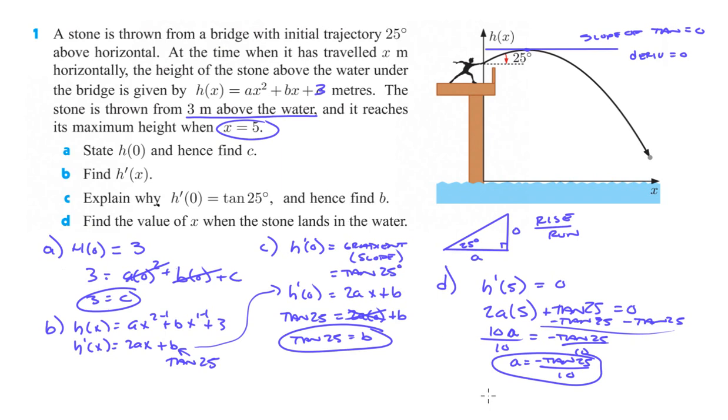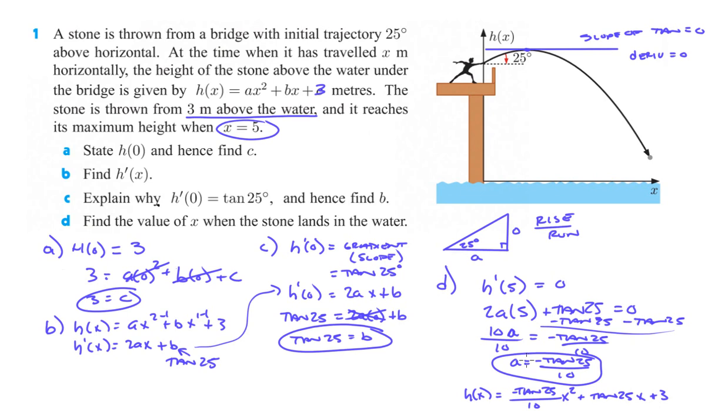So h of x equals negative tan 25 over 10 x squared plus b, which is tan 25, x plus 3. That's our formula there, right?